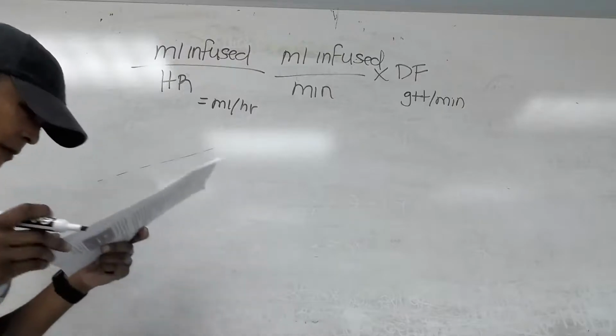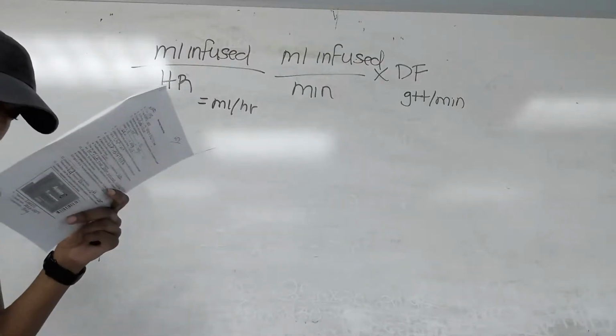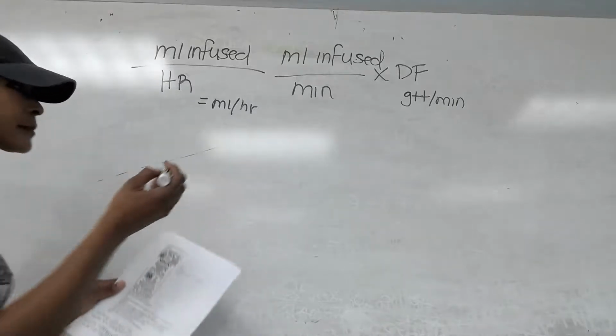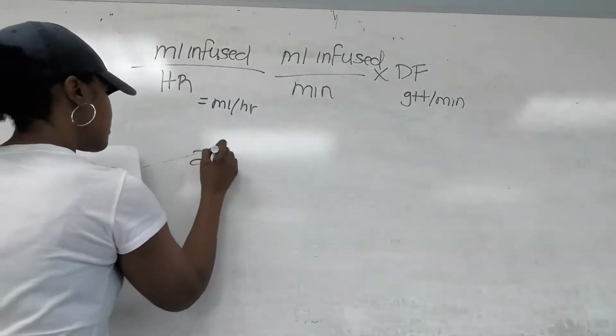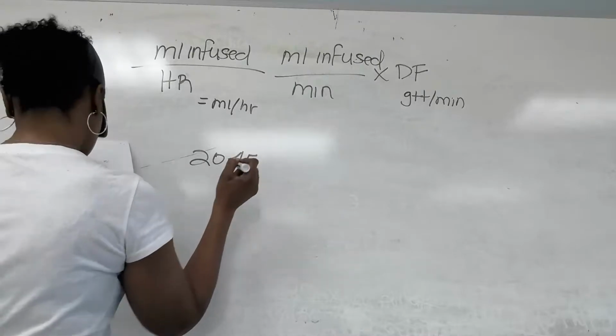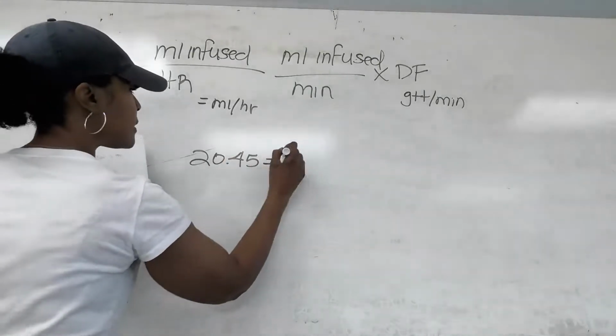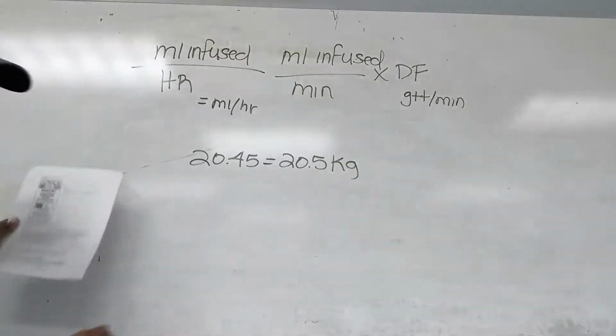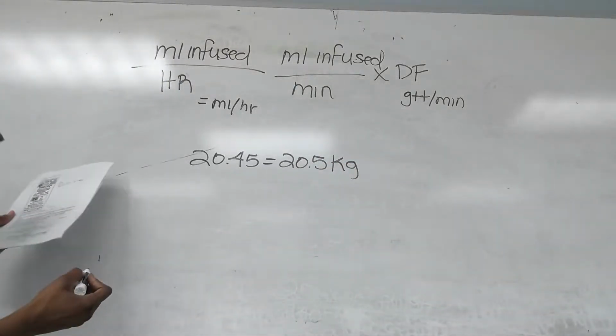Okay, 39A. What is the child's weight in kilograms? 20.45. We round it to the nearest tenth, 20.5 kilograms. So now we take that 20.5 kilograms.